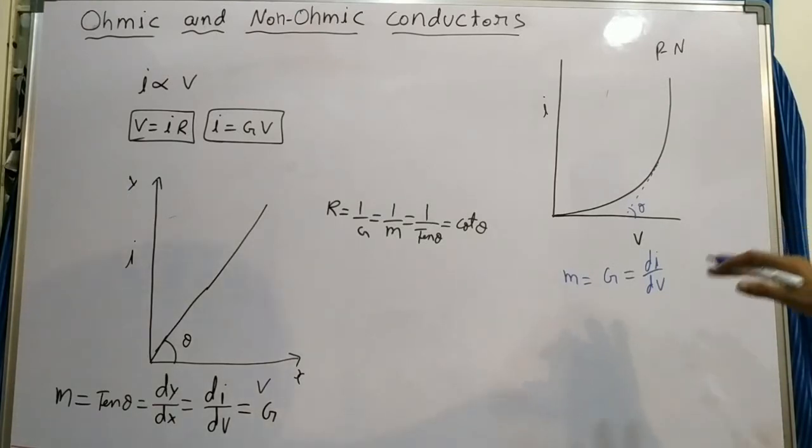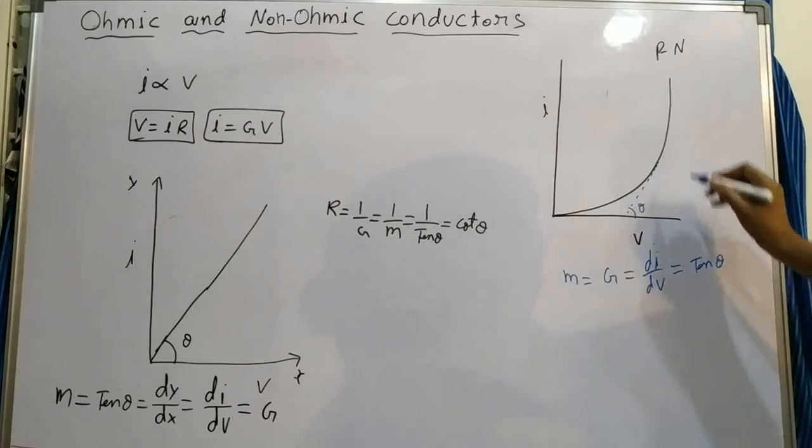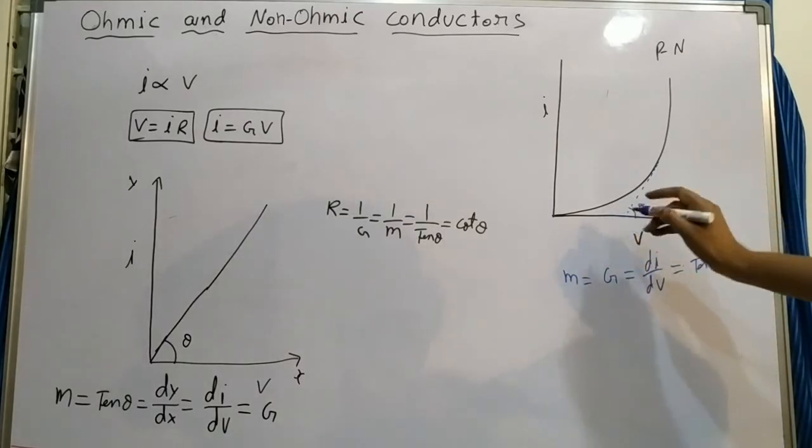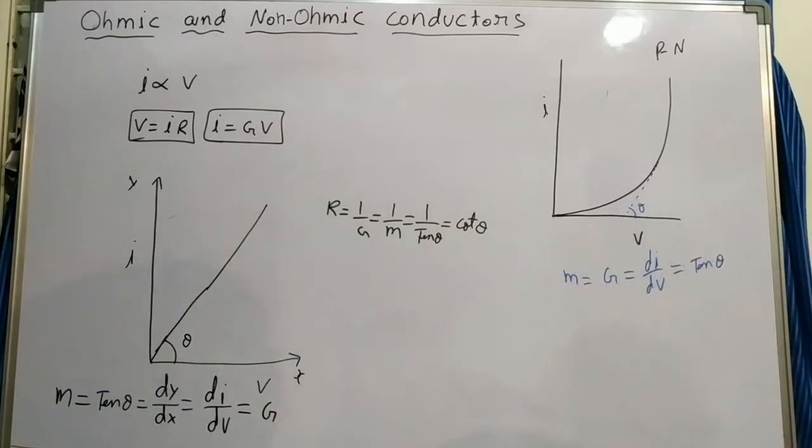Reciprocal of the slope is resistance. Position to position, if you draw a line like this, you get a different slope. So the resistance or conductance of the device is not constant, it is continuously changing.